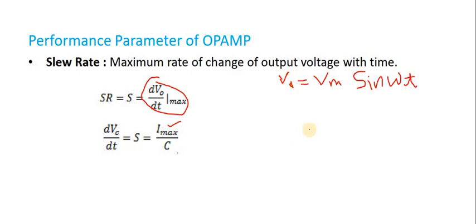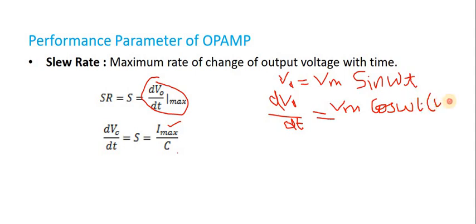My question is, find out the maximum frequency that can be given to the input signal. So how will you find out? I am finding out the slew rate, dV out by dt. Maximum of this I need to find out. So this is Vm cos omega t into omega. If I am finding out the maximum of this, it will be Vm omega.